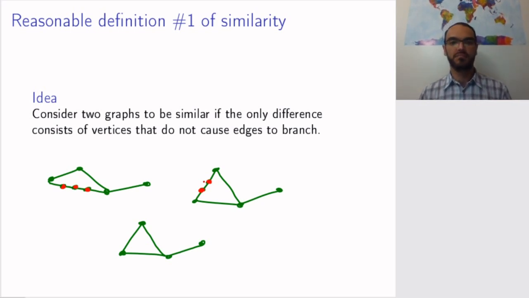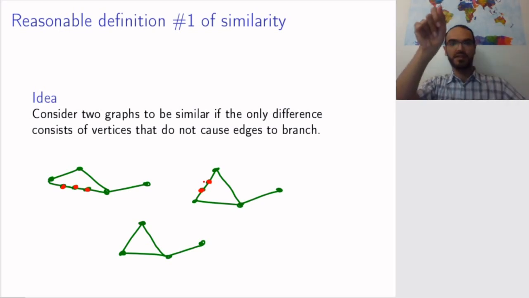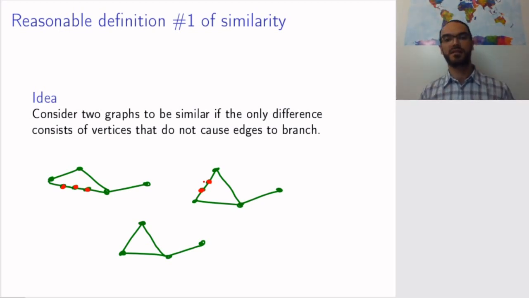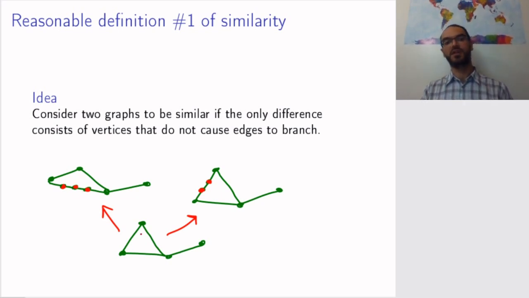And the idea is that adding vertices of degree 2 basically just means you put a vertex in the middle of an edge. It doesn't create any extra branches. It doesn't do anything to the geometric structure of the graph. So two graphs are called homeomorphic if there is one common graph that becomes one of them if you put these degree 2 vertices somewhere, and the other if you put them somewhere else.